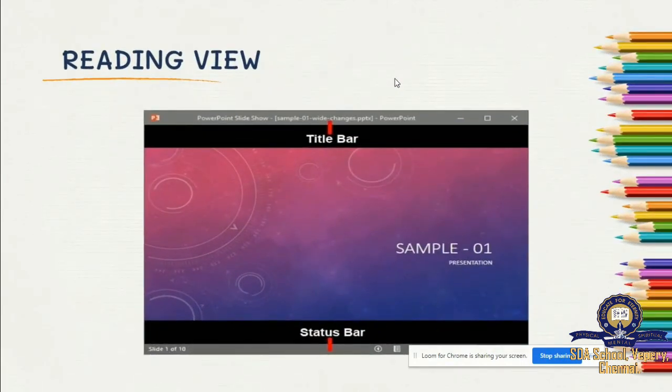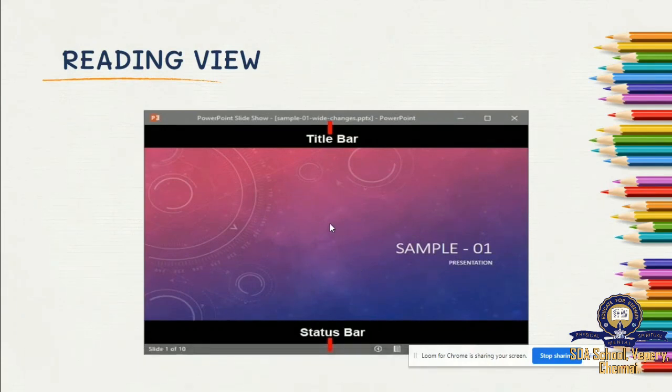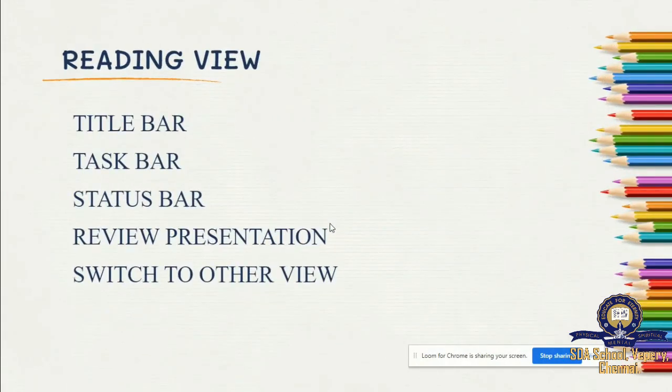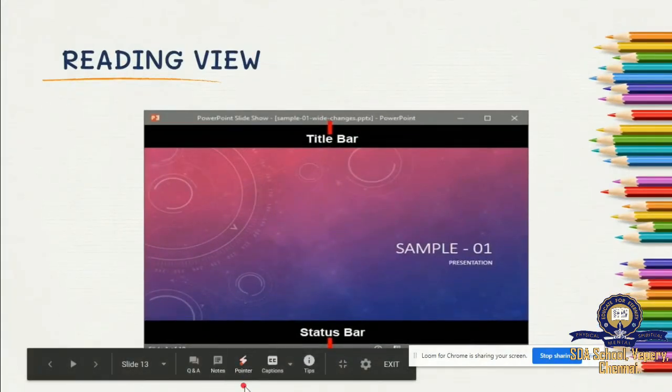Reading view. The reading view contains three parts: the title bar, the task bar, and the status bar. You have the title bar here. I'll show you clearly.